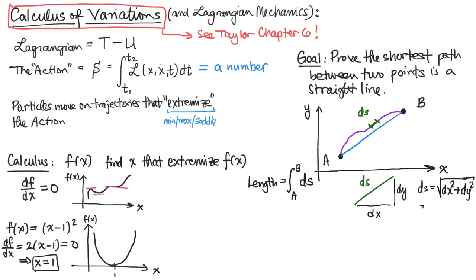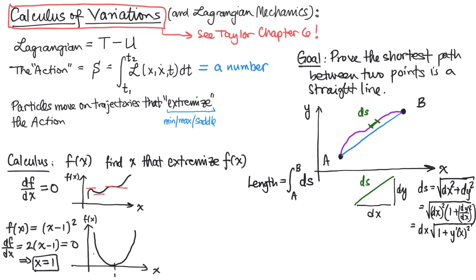Well, if we factor out a dx squared, we get a 1 plus dy dx inside squared. And when we factor out the dx from the square root, we get a 1 plus the x derivative of y squared. So the slope of the path squared shows up in that square root.